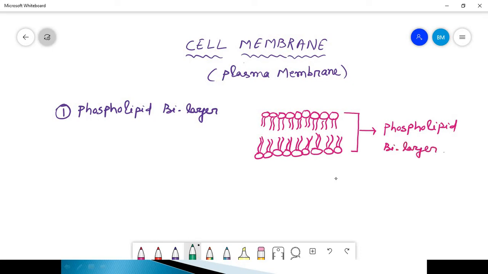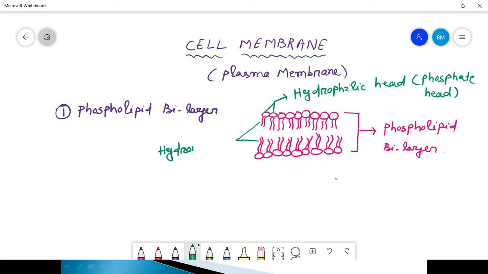Here, these are the hydrophilic heads, or phosphate group, the phosphate head, and these are the hydrophobic tails, the lipid tails.